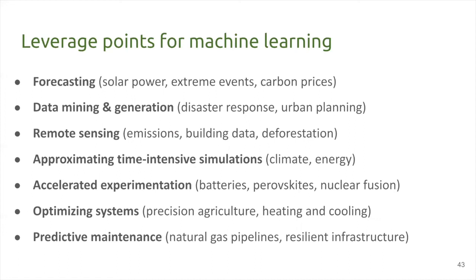So that's forecasting, data mining, generation, remote sensing. Approximating time-intensive simulations and accelerated experimentation, both of these fall under the theme of machine learning making basic science faster, whether it's in the theoretical, more simulation work, or in the lab in experiments.